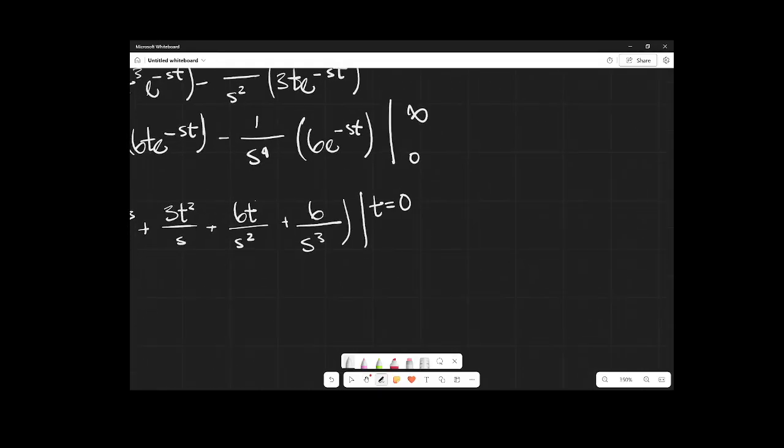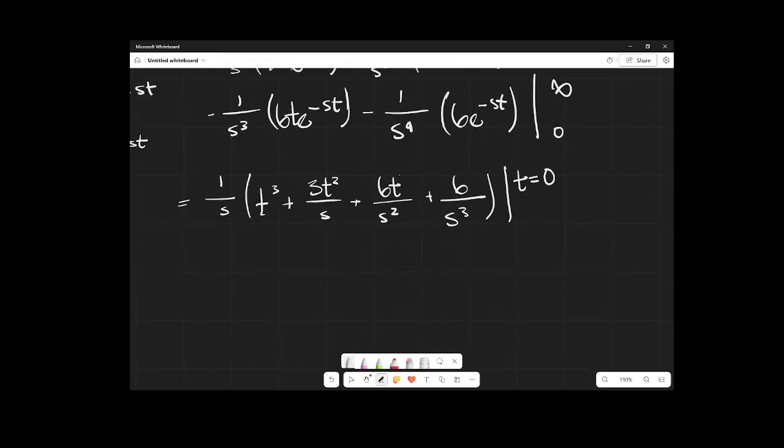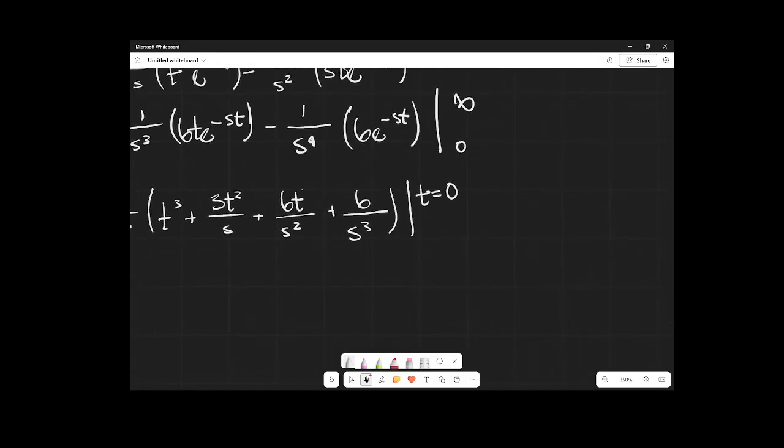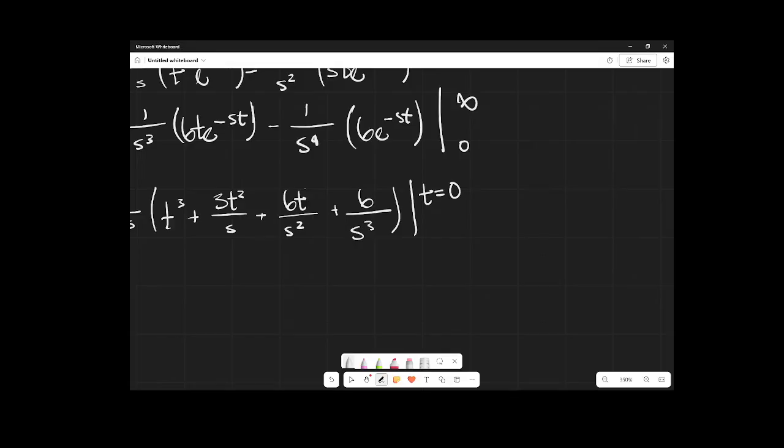And think about why I made that simplification. Why did I do that step? I'm going to finish this out here for t equals 0, and we're going to end up getting that this equals 6 over s to the fourth power.